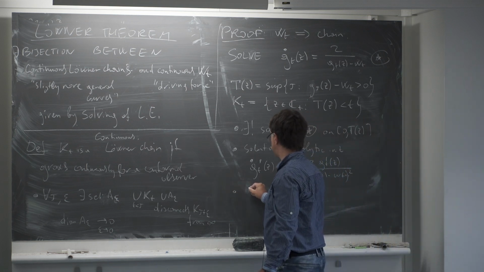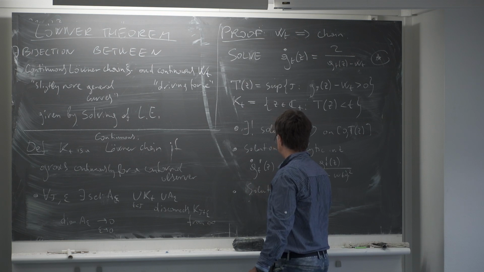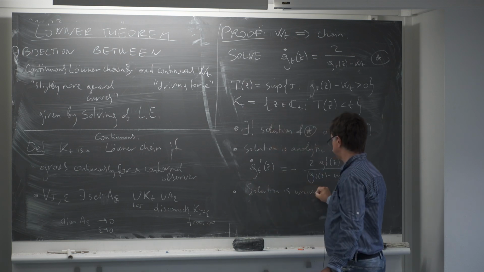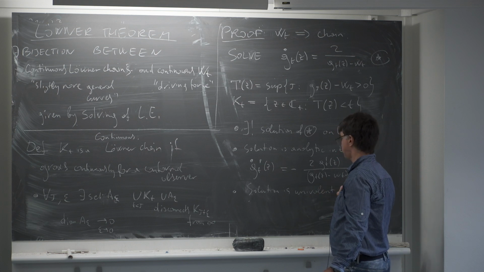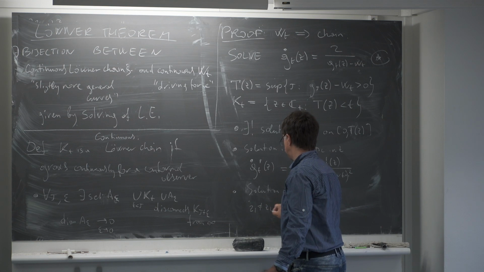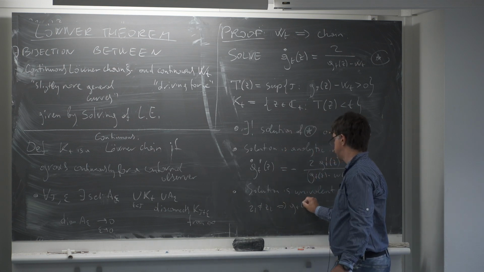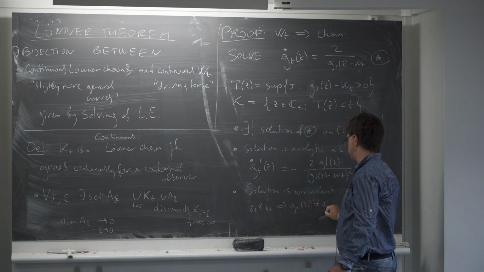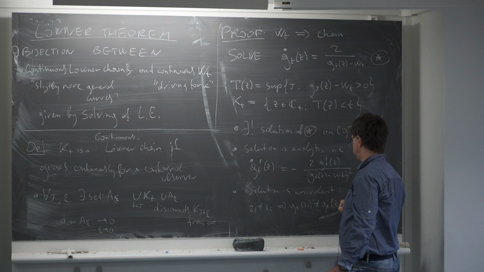Okay. The solution is univalent. So z1 not equal to z2 means that g_t of z1 is not equal to g_t of z2.